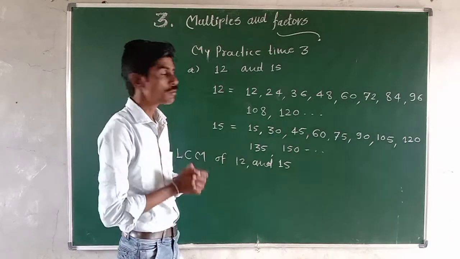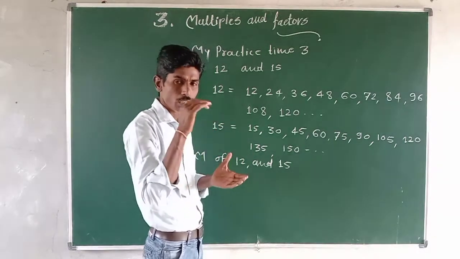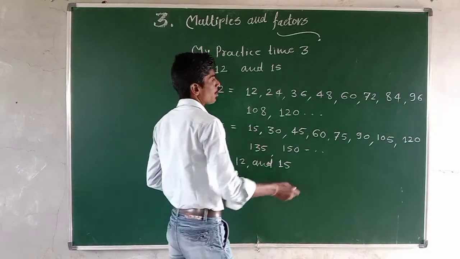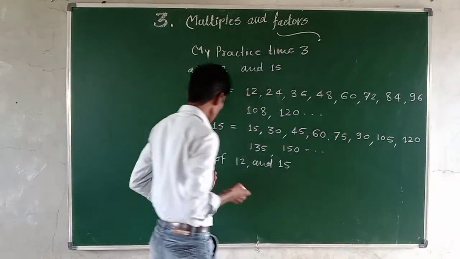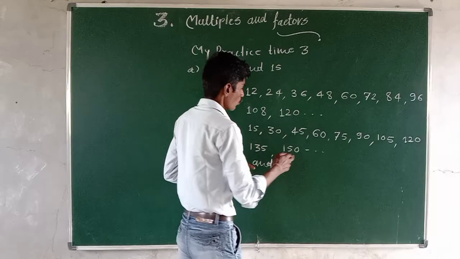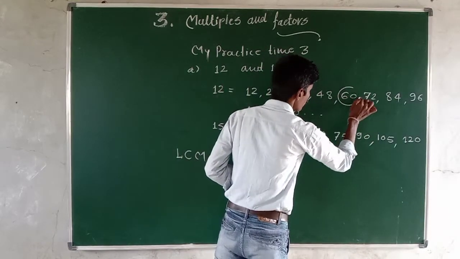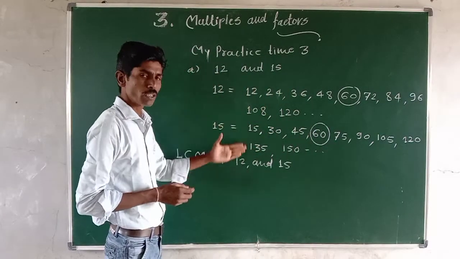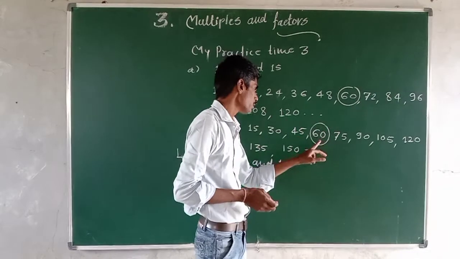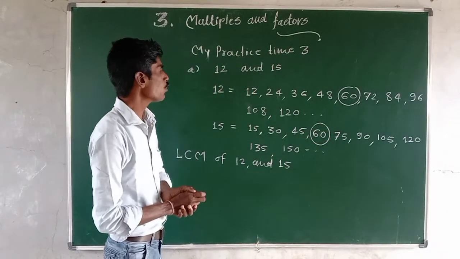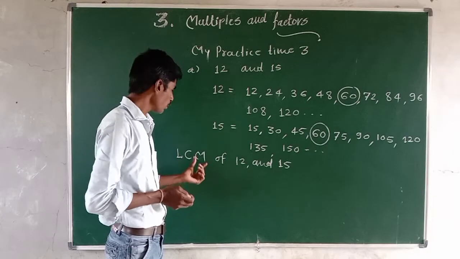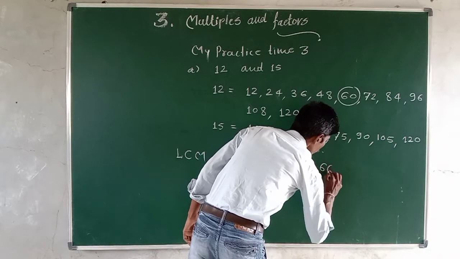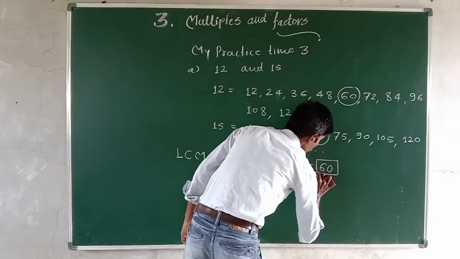Least means the smallest number among these common multiples. 60 is the number which is present in both multiples. So 60 is the least common multiple of 12 and 15, and we can write here 60.